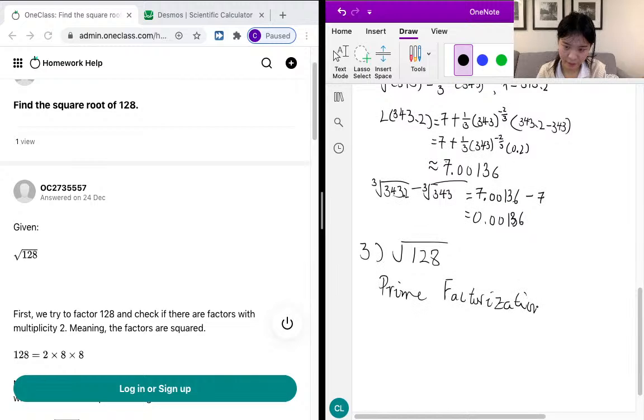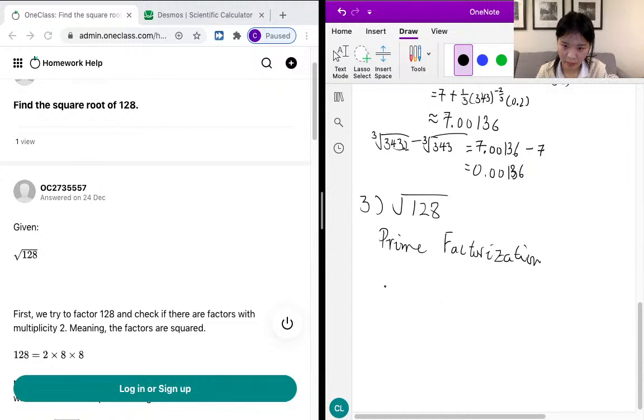What prime factorization is basically, we just find the smallest prime factors of this number, and then we just keep going until this expression is comprised of entirely prime factors, or you can't find prime factors of this expression anymore, and then we can find the square root of this expression by inspection.